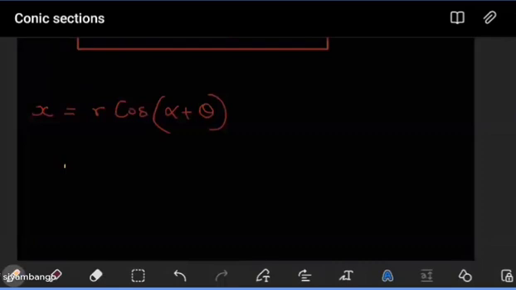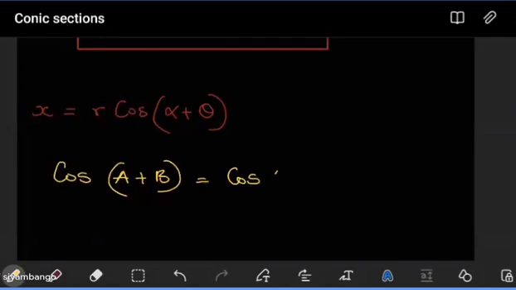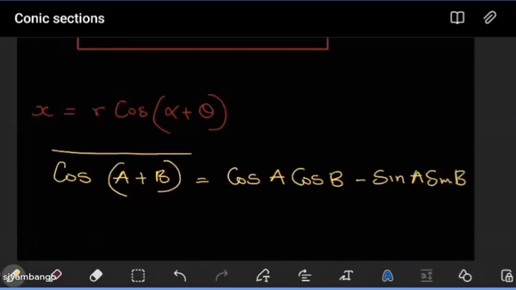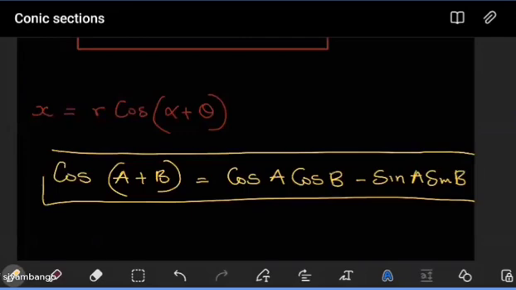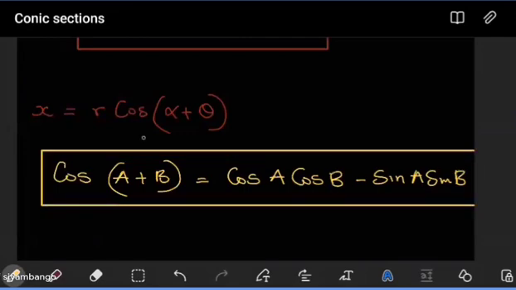The double angle identity for cos is, if you have cos A plus B, then the identity goes on to say you are going to have cos A cos B, and the sign between has to be a minus, so minus sine A sine B. So this is the double angle identity for cos A plus B. Now instead of A, we have alpha. Instead of B, we have theta.